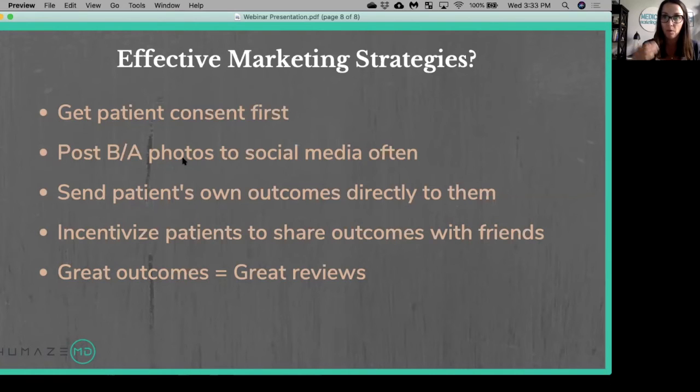And also when people go there, they're able to see before and afters right on Google. And sometimes, I don't know if any of you have ever done a Google search where you're searching for whatever it is, and then I just want to see pictures. So you go to images, your pictures will also show up, which will help you with your overall attraction marketing for people that don't know who you are yet.